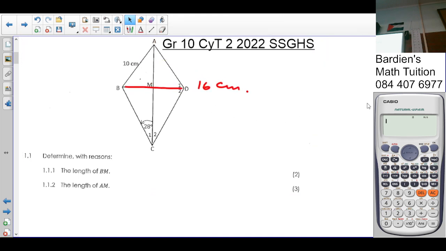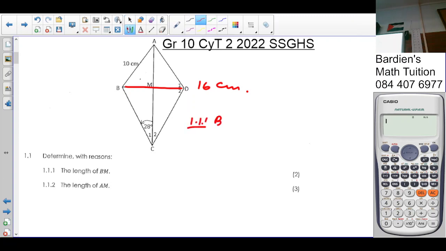So the question says, determine with reason the length of BM. We know that one diagonal, the longer diagonal, bisects the other. It's not that the diagonals bisect each other, as some of you wrote. If the diagonals were bisecting each other, then both diagonals are cut in half, but this is not the case yet, it's a kite. So this is 1.1.1.